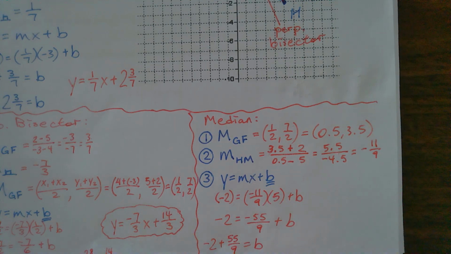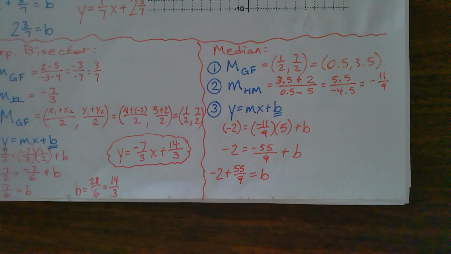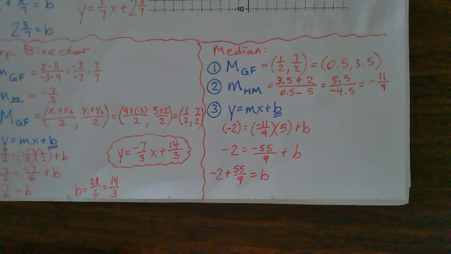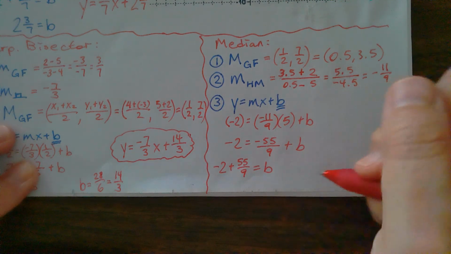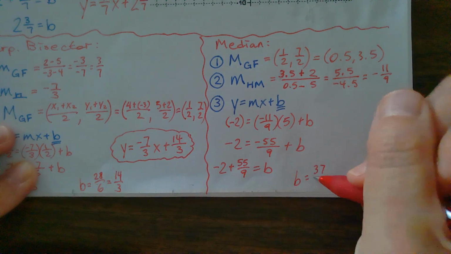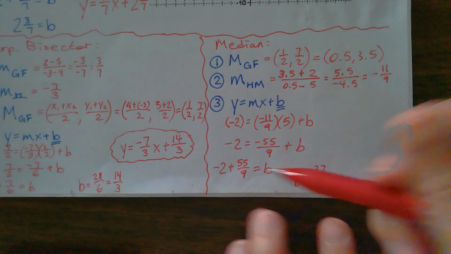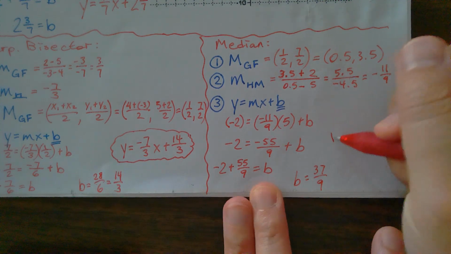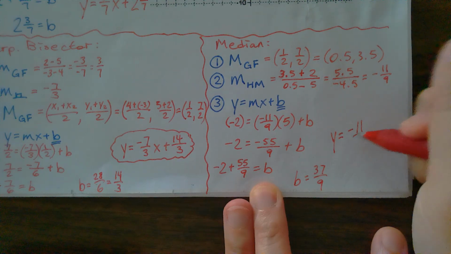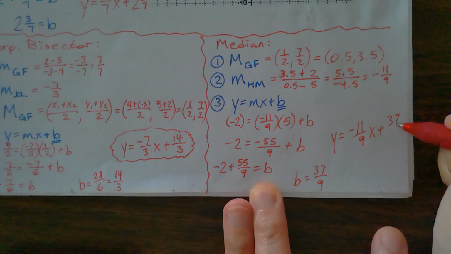You can do a mixed number if you want, otherwise you could do an improper fraction as well. So b comes out to be 37/9, after you add it all up. So the equation of your median is y equals negative 11/9x plus 37/9.